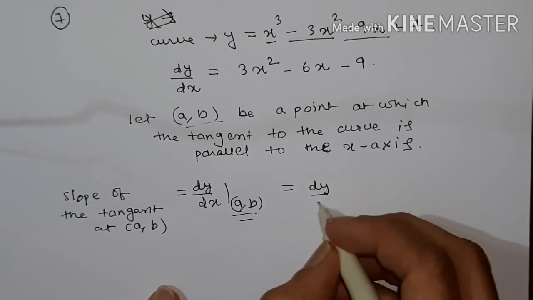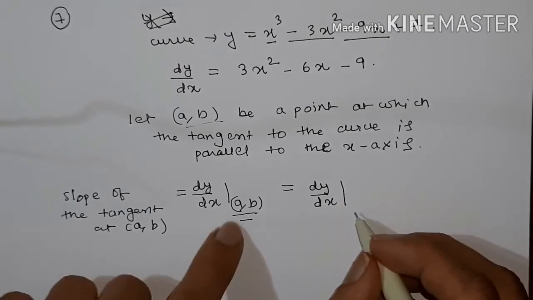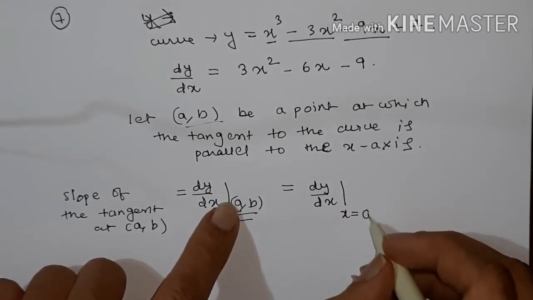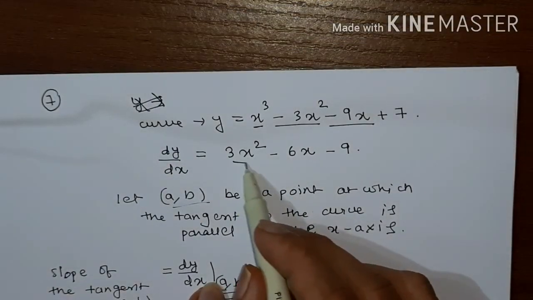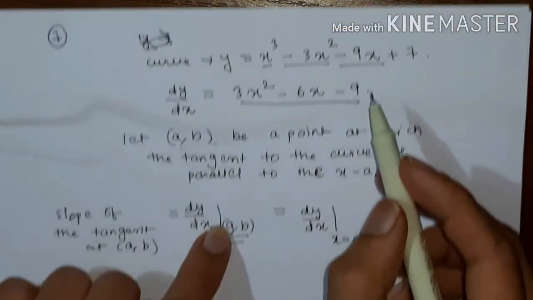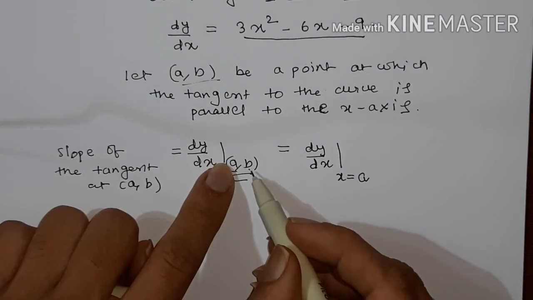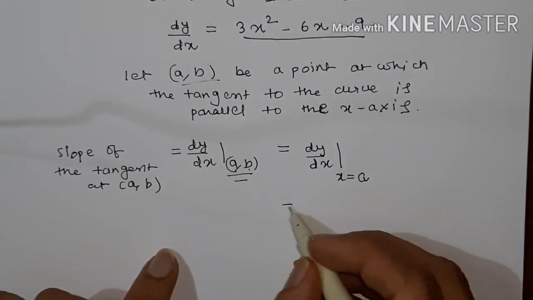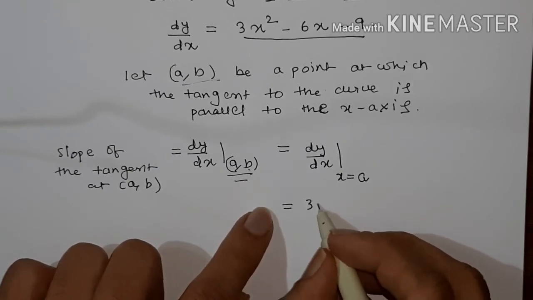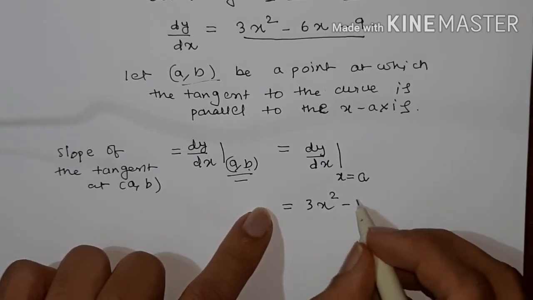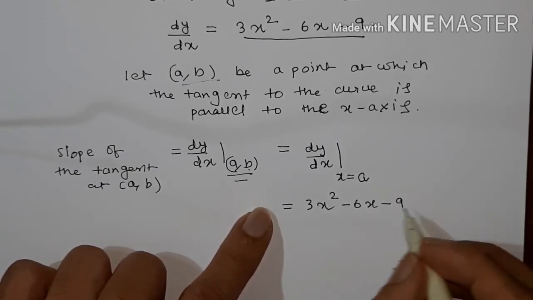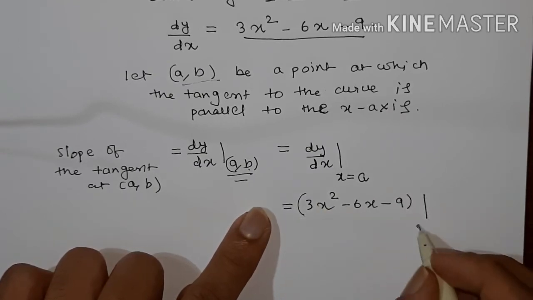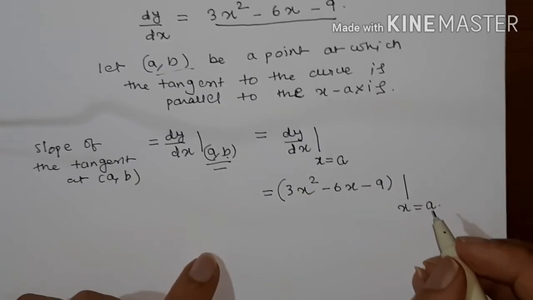Dy by dx at x equal to a, because there is no y to substitute here, so b we can omit. So x equal to a we can write. That is equal to 3x square minus 6x minus 9 at the point x equal to a.